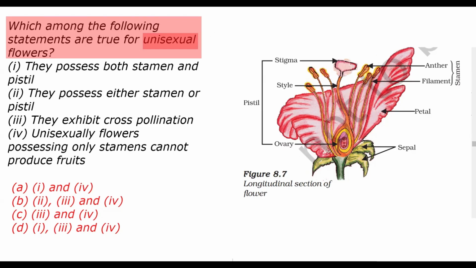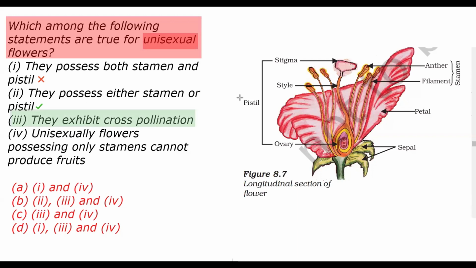Now, if I read the options, what does it say? The first says they possess both stamen and pistil. That's totally wrong, because then it would be a bisexual flower. The second statement is they possess either a stamen or pistil. That's true, this is correct. The next one is they exhibit cross pollination.